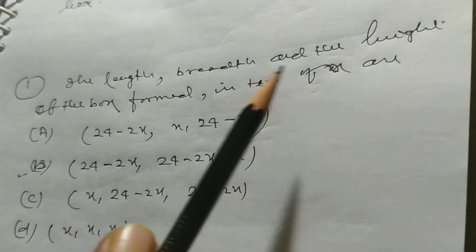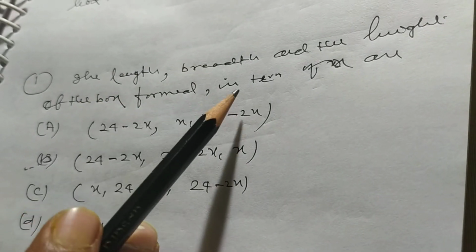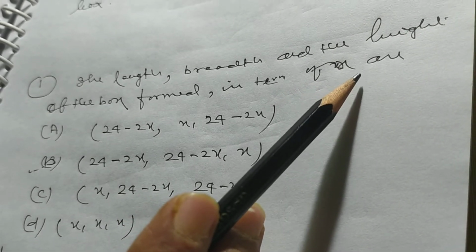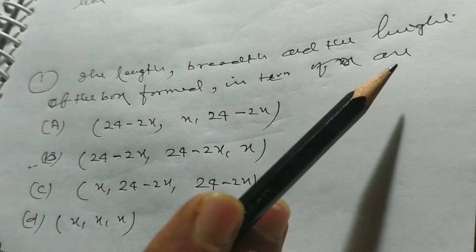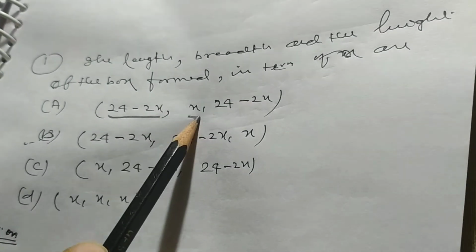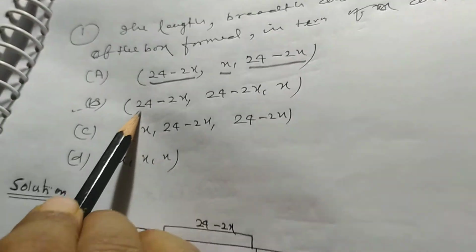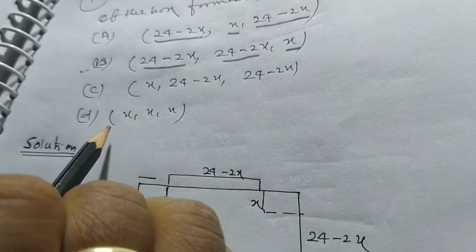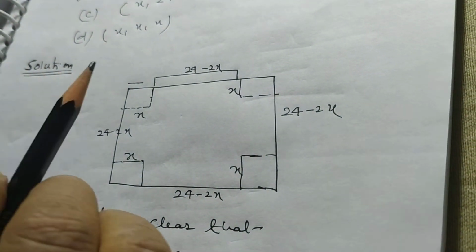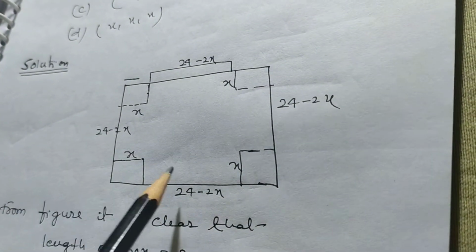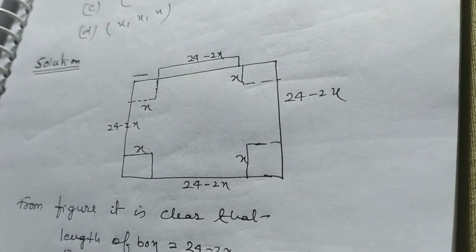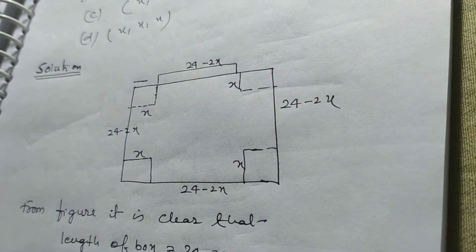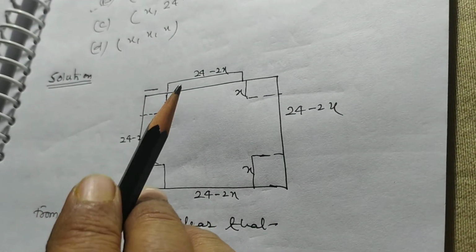The length, breadth and the height of the box formed is 24 minus 2x, 24 minus 2x, x. And there are 4 options. What will be the length and breadth of the box? My dear students, this problem is very, very important for the purpose of examination. It is important for case study and it is important for independent also.